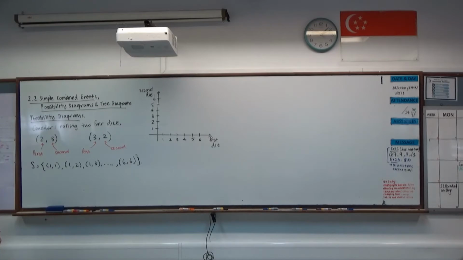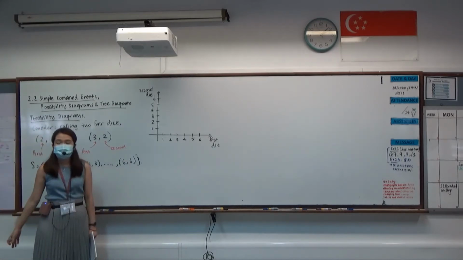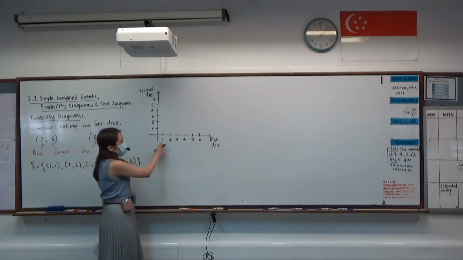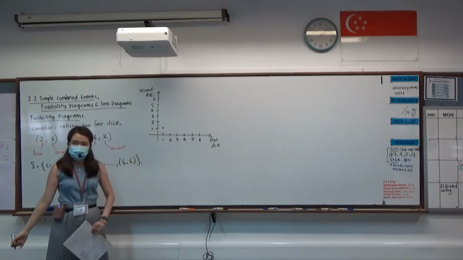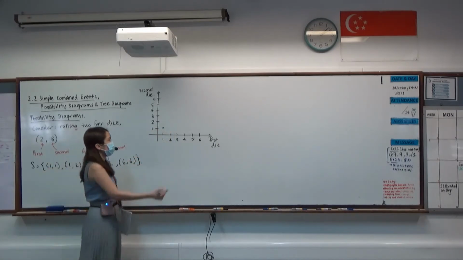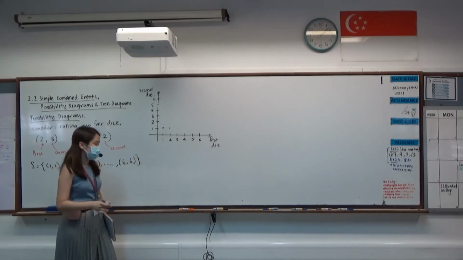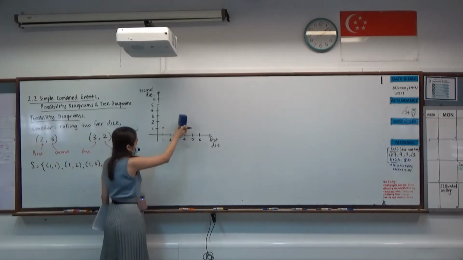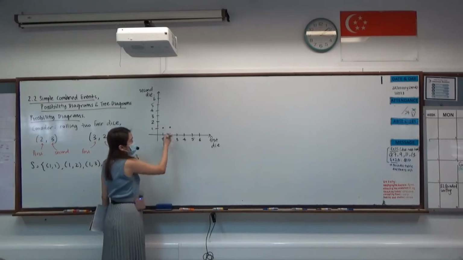If it is a possible outcome of the scenario that we're looking at, we put a dot on it. Meaning to say, if I can get a 1-1 combination, I will put a dot to represent it. When you put a dot, please make sure that it is clear. Please don't just tap your pen on your paper like that. It is very difficult to see, especially if you are using a 0.38 pen. I don't have the eye power to spot that. Please don't draw a circle either.